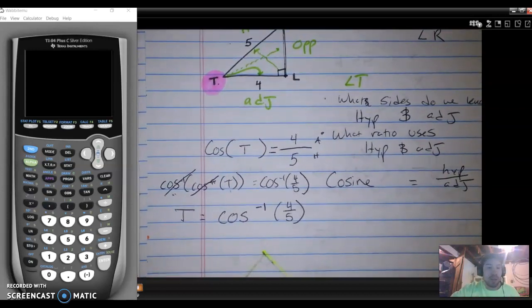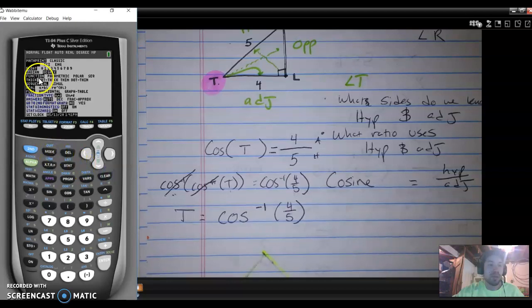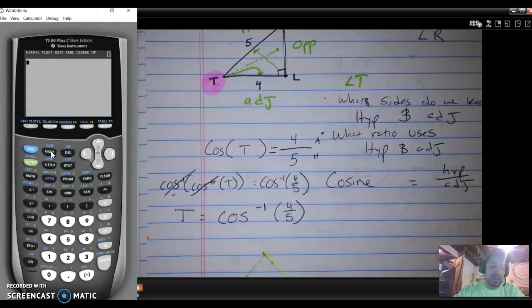This we can plug into our calculator. In the previous video, I showed you how to set this up. So if we go to ON, clear, make sure you're in the right mode. We want to be in degree mode. If not, you go down to degree and then over onto it and select enter. And then from here, we can second, quit.